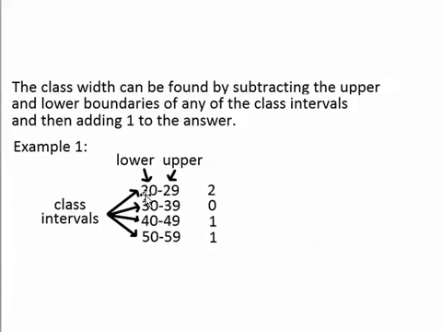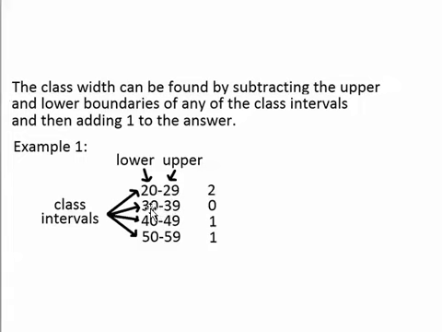This class interval covers 10 different numbers because there are 10 numbers in between 20 and 29. There's 20, 21, 22, 23, 24. That's 5 numbers. Then there's 25, 26, 27, 28, 29. That's 5 other numbers. So there's 10 numbers in between 20 and 29.